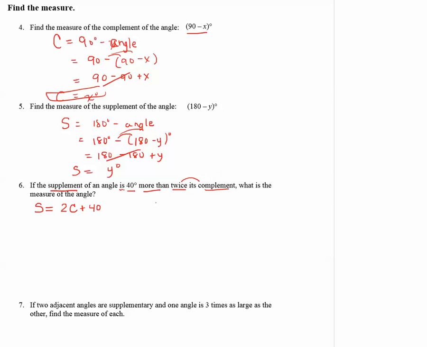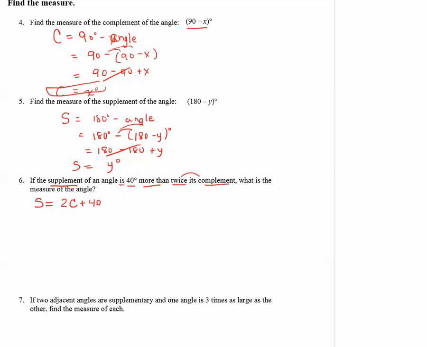Now, it's helpful to remember that right now we have 2 unknowns, a supplement and a complement. So we need to do a little bit of work so that we have the same variable in our expression. Let's set up a couple of facts.